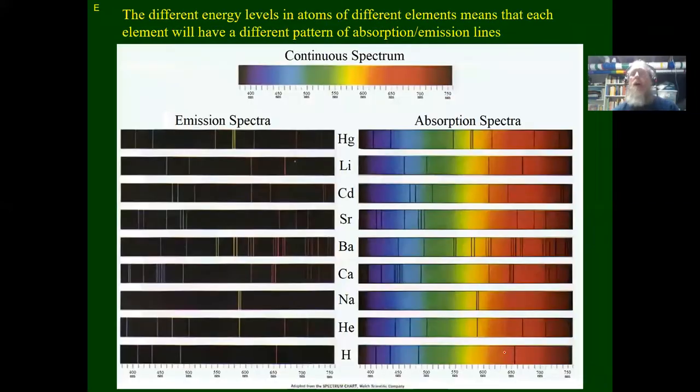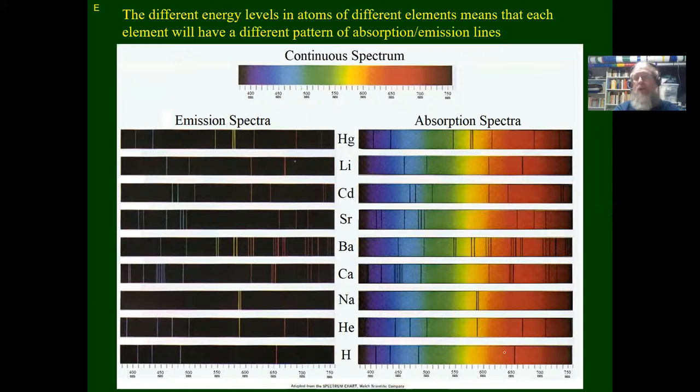All right, now, the only reason this matters for us is that each element, as well as each ionization state of an element, has its own set of energy levels. For isotopes, remember there are slight differences from one isotope to another.